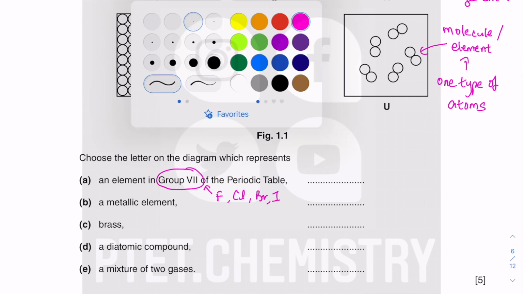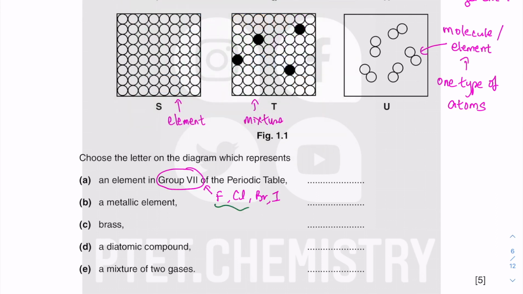You haven't really done a lot of these yet, but eventually you will do after bonding. They exist as F2, Cl2, Br2, and I2. They exist as molecule at 25 degrees Celsius. So if we have chlorine in front of us, it will be Cl2 and not as an atom. Because these are molecule.